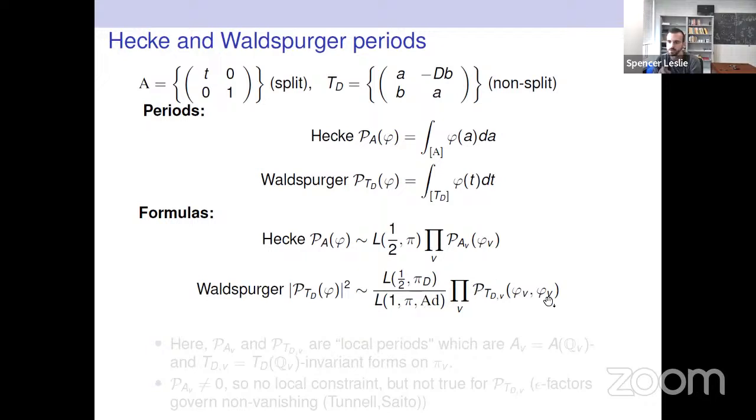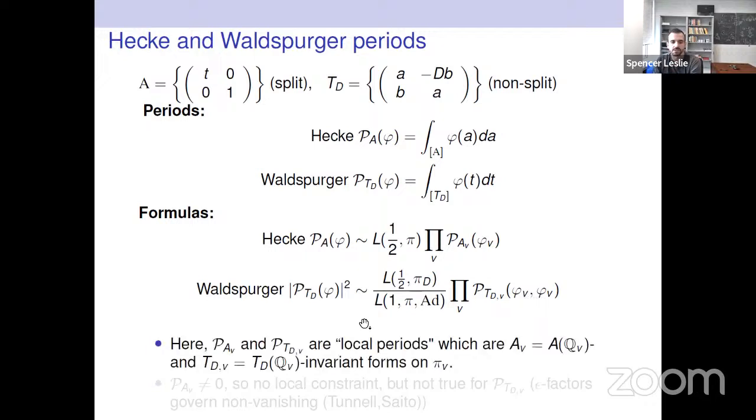But again, we have this local factor for each place. And so these are what are often referred to as local periods. These are invariant forms. Here we have an A-invariant form on my local representation pi v. Whereas in this case, since there's this squaring, we end up looking at these bi-invariant forms. So this is two variables.